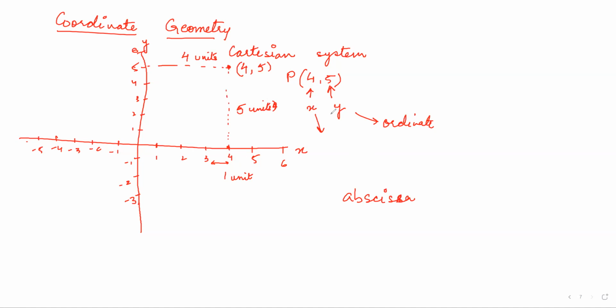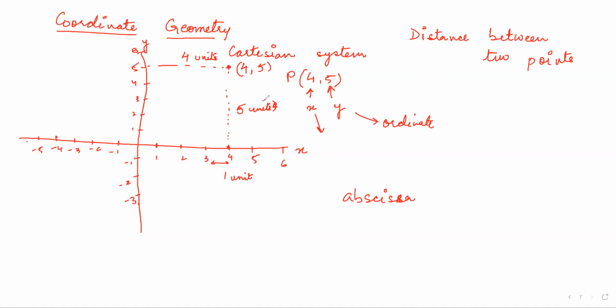All right. So this much you already know. Now here in class 10th, we will study finding the distance between 2 points. If 2 points are located in the Cartesian system, then how do we find the distance between them?